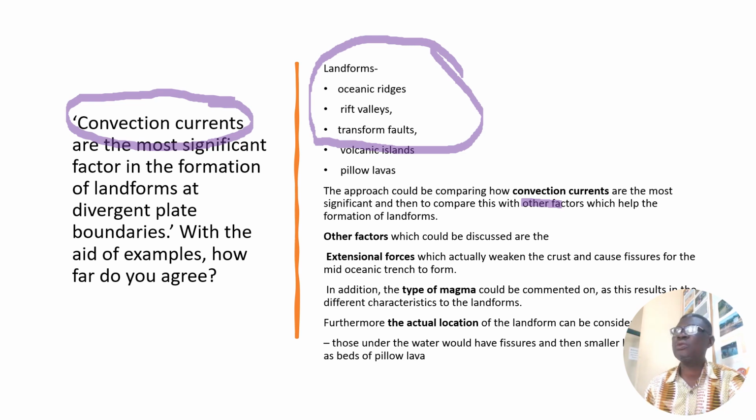When that question is given, you exhaust this point, but because it's an evaluative question, consider other factors that also help in that formation: the extensional forces, which are the tensional forces, the type of magma that comes out, basalt, basaltic lava, and then the actual location, the specific margin that we are using to support that.